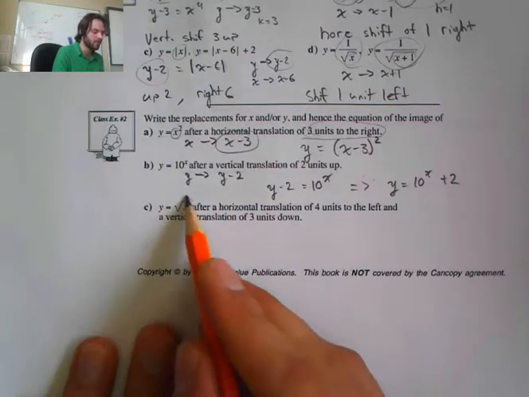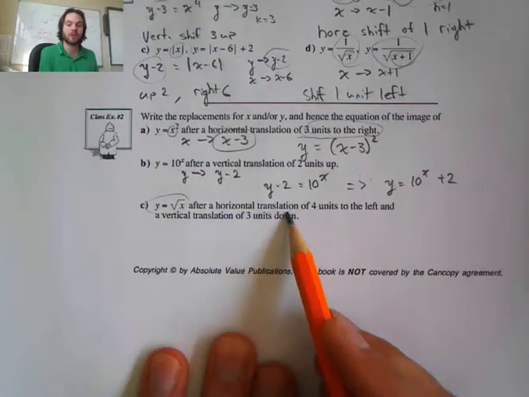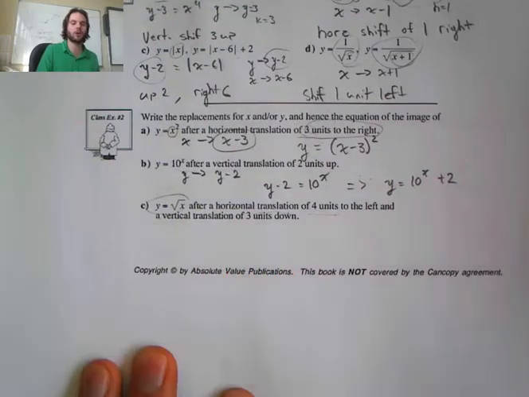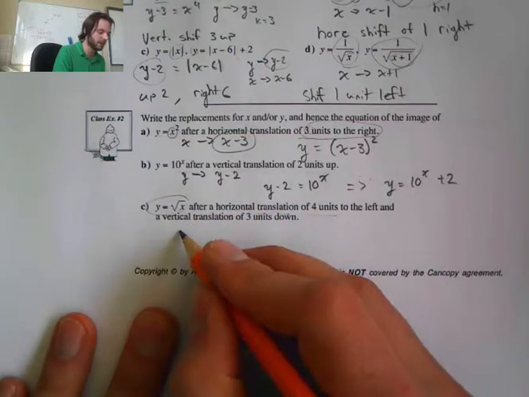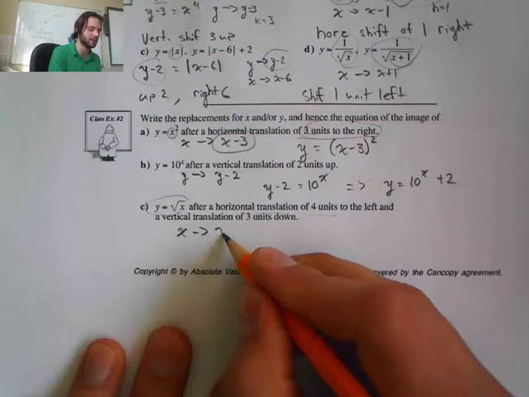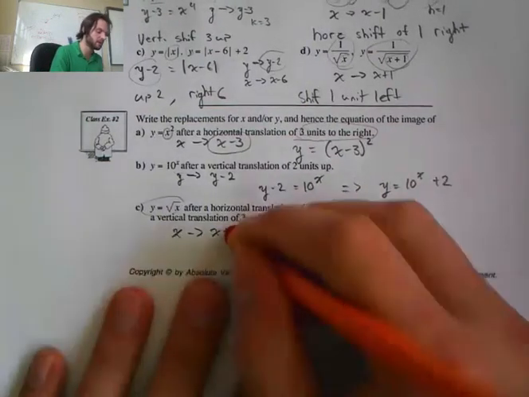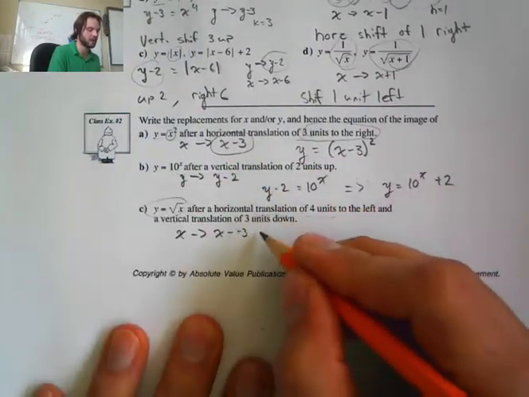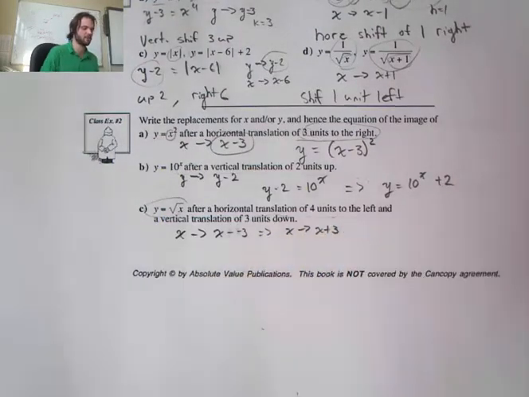It says we have this equation here, the square root of y is equal to the square root of x, and we go a horizontal translation of 4 units to the left, and then a vertical translation of 3 units down. So let's first do my x. X is replaced with 3 units to the left. That's x plus 3. Okay? Or we could say x minus negative 3, which is the same as x plus 3, right?